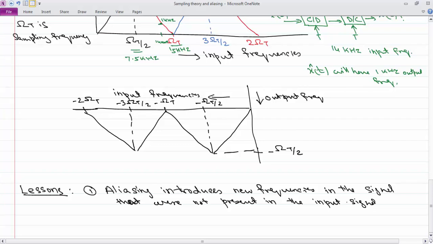So in the above example, the input signal had a frequency of 14 kilohertz, but what you are getting out is a frequency of 1 kilohertz.